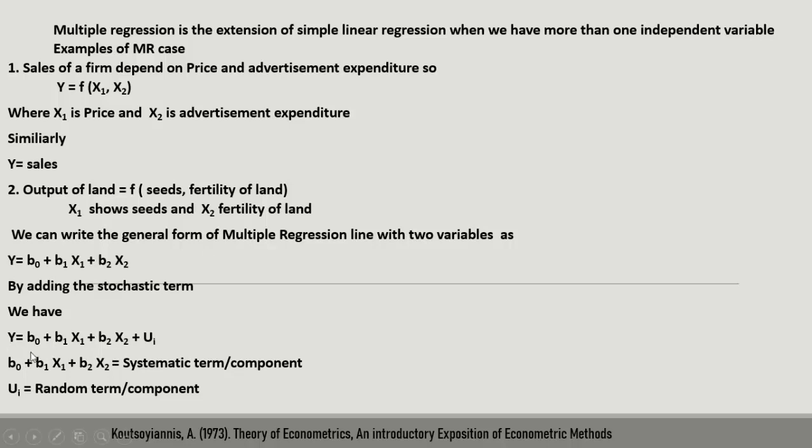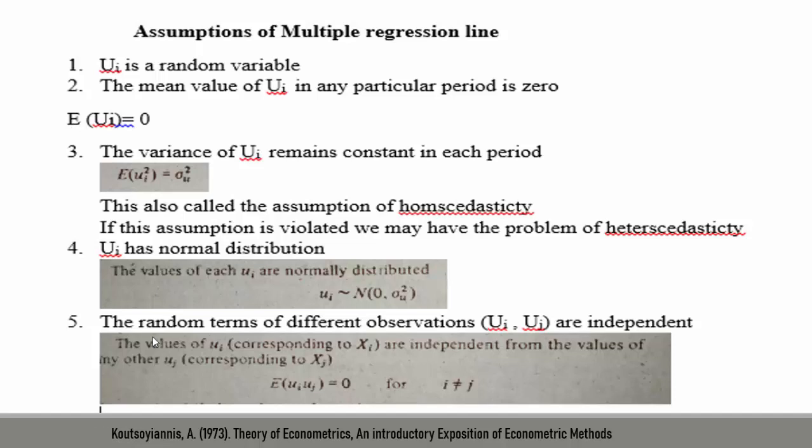Dear students, this equation consists of two parts. One part is b0 plus b1 x1 plus b2 x2. This part is called the systematic component or systematic part, and ui is the random term or the random component of this model. Dear students, just like the simple linear regression model, the multiple regression model also has a few assumptions which, if not fulfilled, will cause problems in the results.